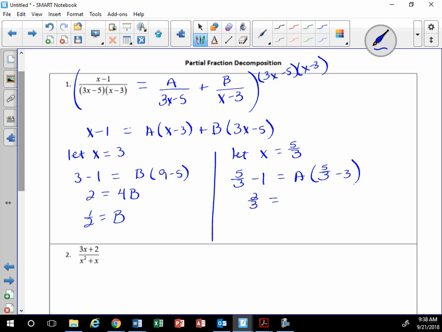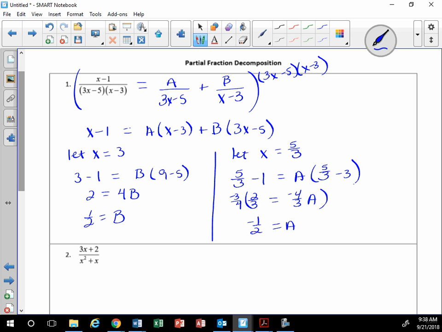Negative 4/3, right? So negative 4/3 A. So how do I get A by itself? The switching, yes. So multiply both sides by what, negative 3/4? Okay. So what do I get for A? Negative 1/2, okay.